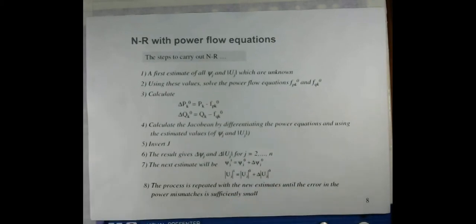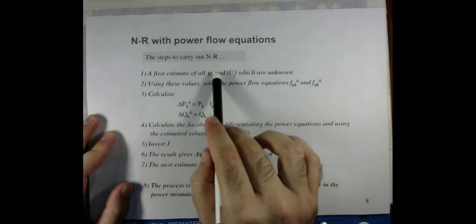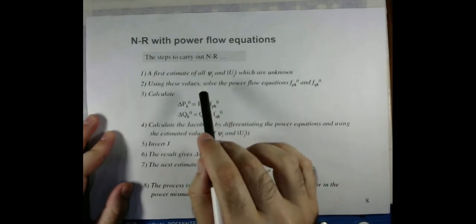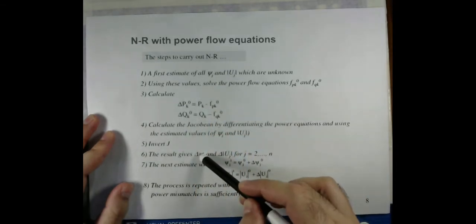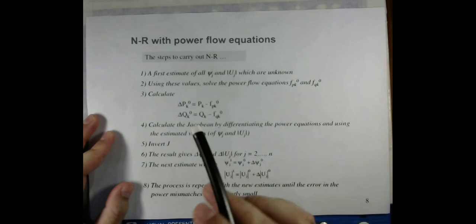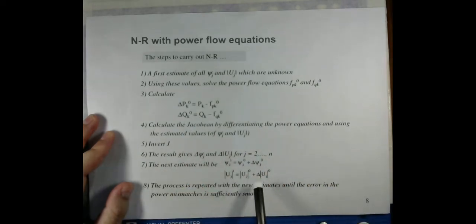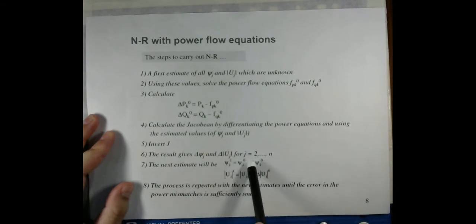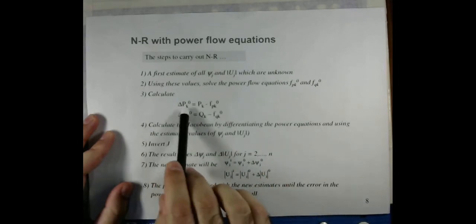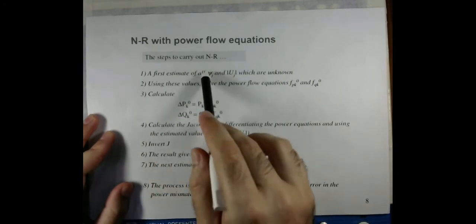And if you remember, I even mentioned that in the Newton-Raphson method we make an initial guess, and then we find the error in the guess, and all these steps in this particular method we follow to determine the error in the initial guess, that is the error in the angle and the error in the voltage. So all these steps are followed for calculating the error that we add to the initial guess to get the next estimate. But anyhow, for calculating the error we have to follow all those steps.